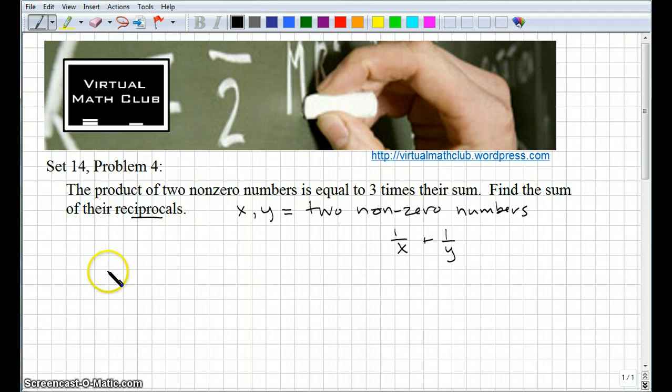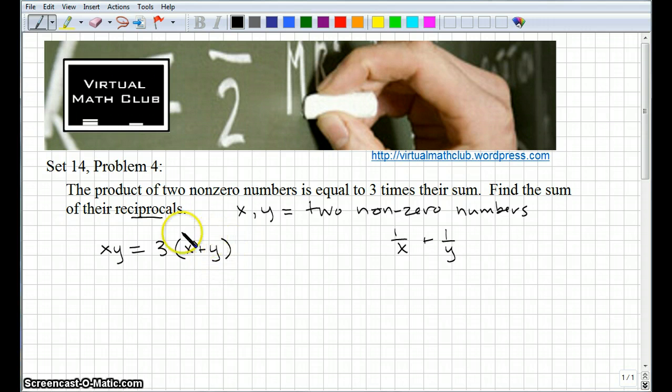It says the product, and the product is just x times y, so x times y is equal to 3 times the sum. So that's equal to 3 times (x plus y).